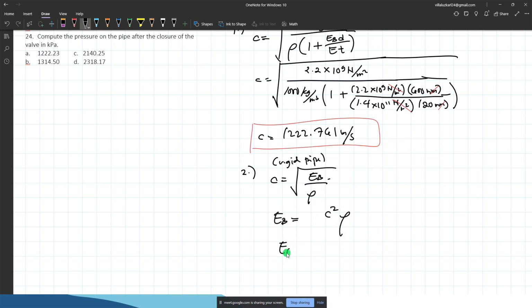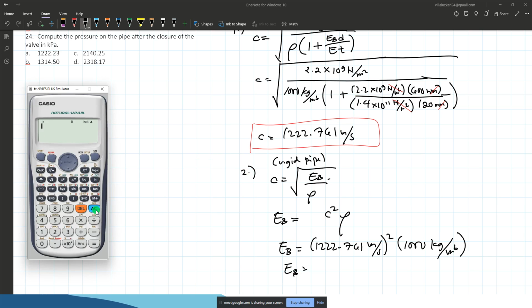So c is 1222.761 meter per second raised to 2, and rho is 1000 kilograms per cubic meter. So that's it. Raised to 2 times 1000.